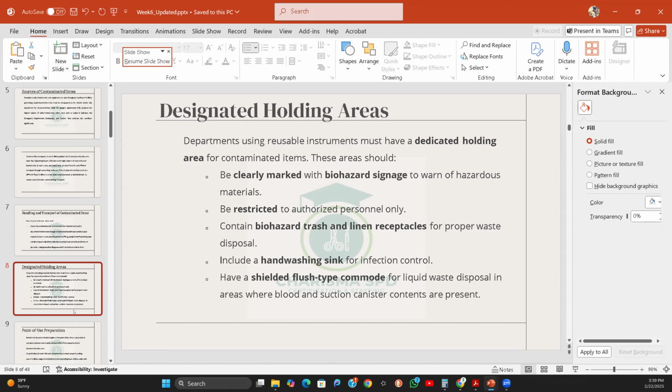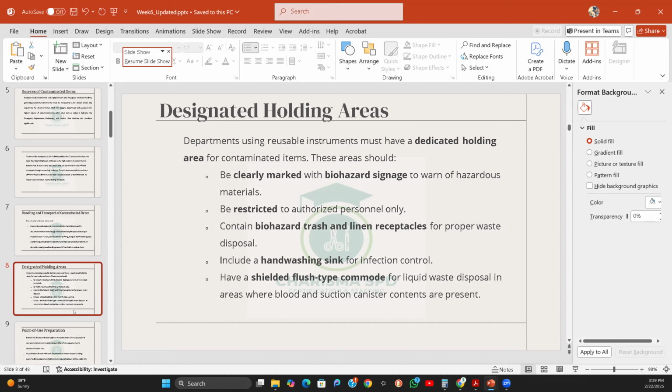You can trash them. You can put them in the linen receptacles. Then you should have a place in the holding area, a dedicated sink, whereby when you remove your gloves after picking the contaminated items, you will have an opportunity to wash your hand.